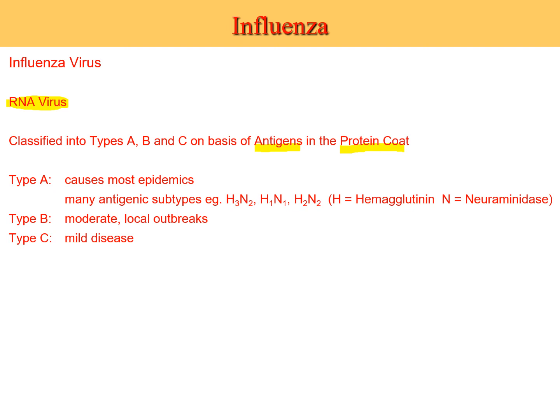I remind you that all viruses contain some kind of nucleic acid. In this case, it's RNA. It could be DNA in other types of viruses. I'll make the nucleic acid in orange, and around it you have a protein coat.